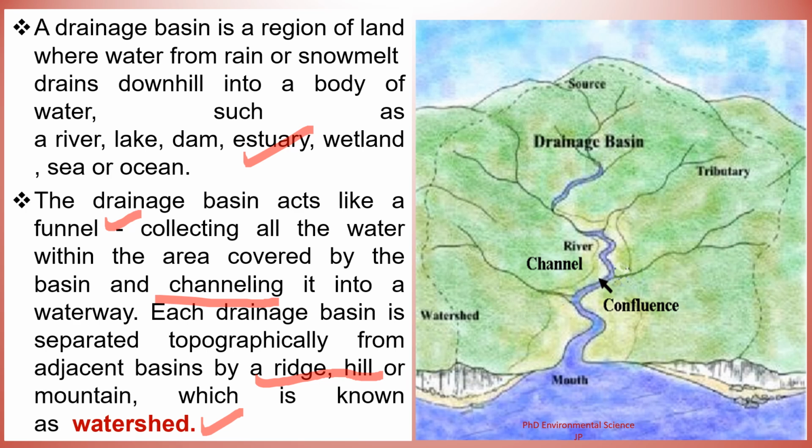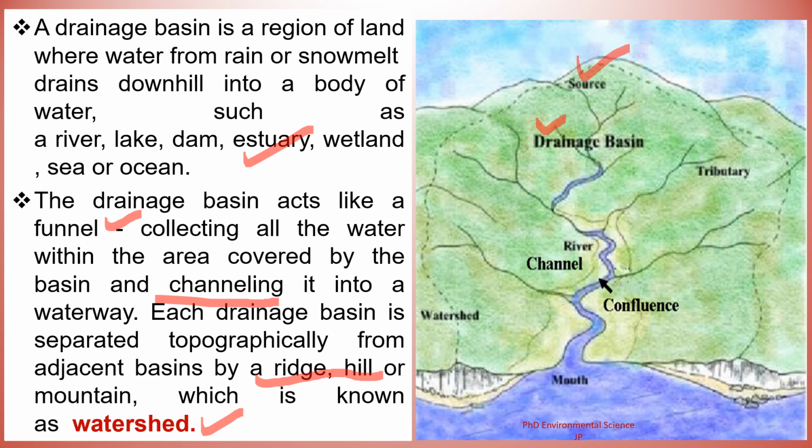First is the source. This is the origin or starting point of the river, typically located in higher elevations such as mountains or hills. Then the drainage basin, the area of land where precipitation collects and drains into a single river or stream. It is bounded by a watershed.